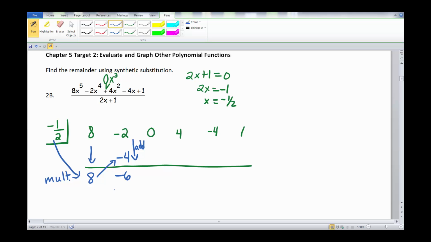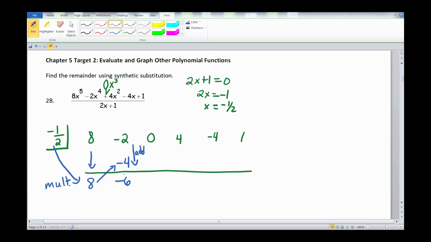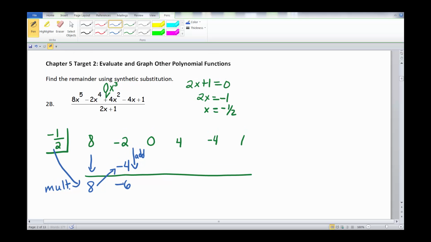And from here we pretty much just repeat the exact same process. Multiplying this number, negative 1/2, by the number underneath our bar, negative 6, gives us positive 3. So again, placing that underneath the next number in our sequence. Always adding going down, so 0 plus 3 comes out to be 3.